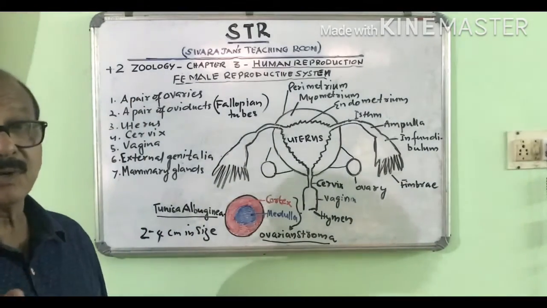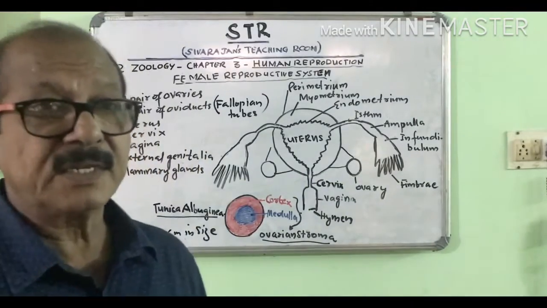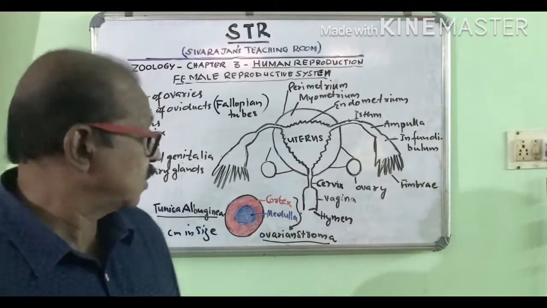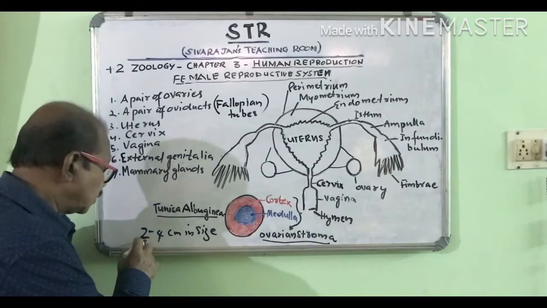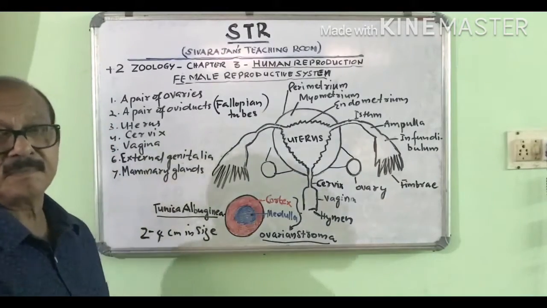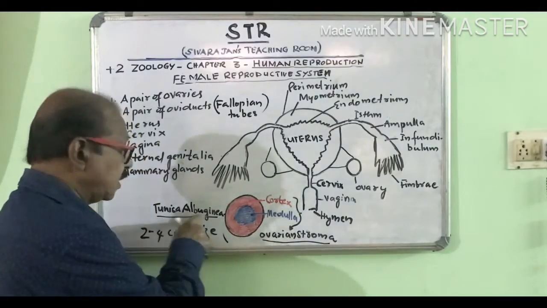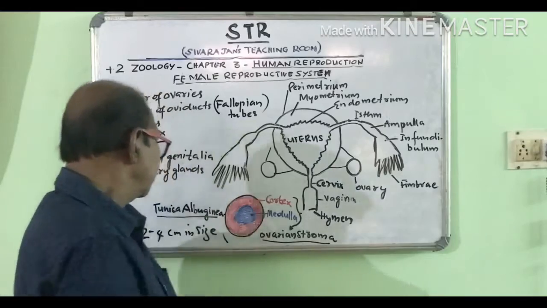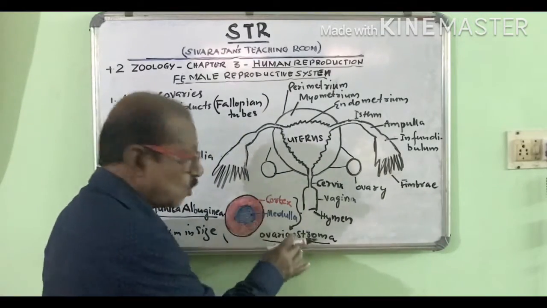So what do you know about the ovaries? A pair of ovaries are there. They are situated in the lower abdomen on either side of the uterus, and each ovary has a size of 2 to 4 centimeter. It is covered by an epithelium called tunica albuginea, and inside the tunica albuginea is the ovarian stroma.